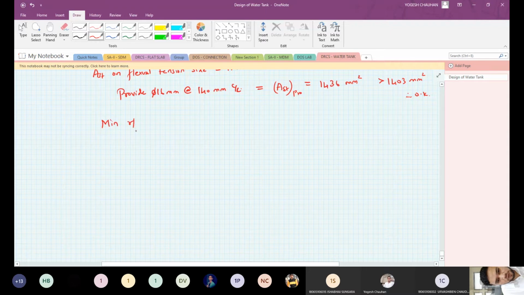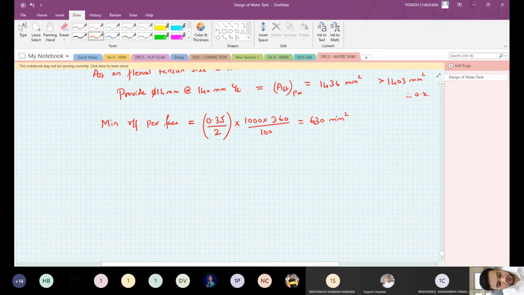So minimum reinforcement per face will be equal to 0.35 for the total cross section, so on each face it will be divided by 2, multiplied by width into depth divided by 100 because it is in percentage of the total cross section. So this comes out to be 630 mm square.